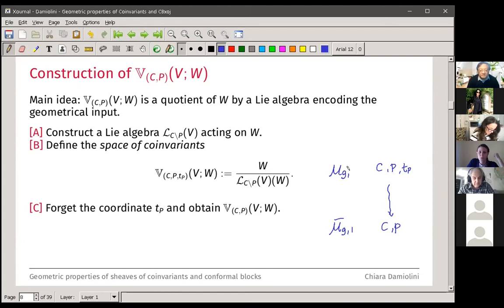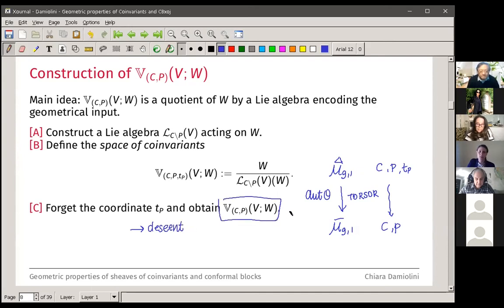But I was, if you want, in a moduli space parameterizing curve, point, and coordinate. But I'm in good shape because this is a torsor, a principal bundle by a group, and I can just apply descent. This is a torsor along the group Aut O, the group of changes of coordinates. And so I can essentially apply descent and obtain this space which depends on the curve and on the point and not anymore on the coordinates.